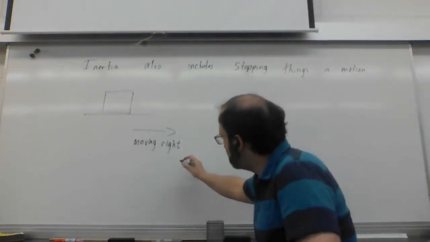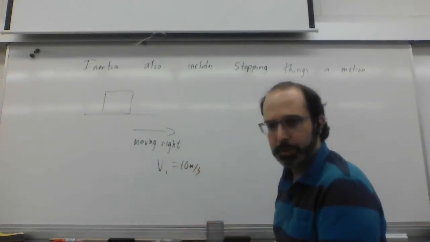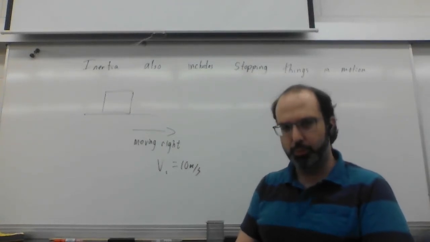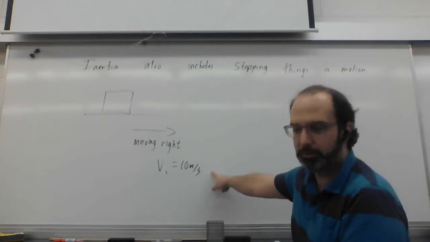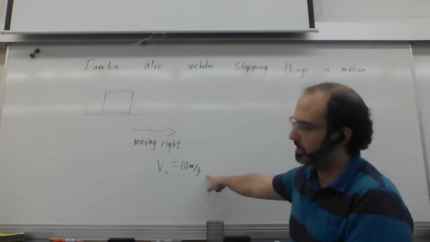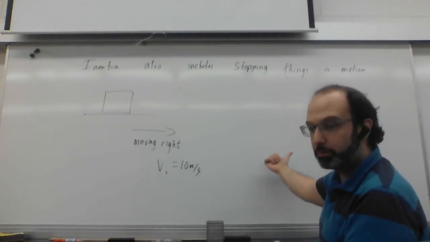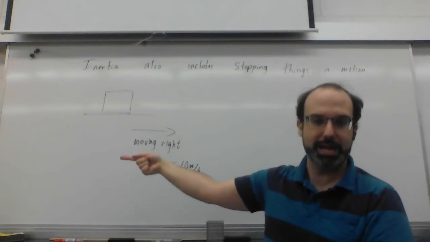So let's say this thing is moving to the right with an initial velocity of 10 meters per second. In order for us to stop this thing, we know what we have to do from kinematics. We have to make the final velocity 0. And if the initial velocity is to the right, we know from kinematics that the acceleration has to oppose it, so it has to be left.